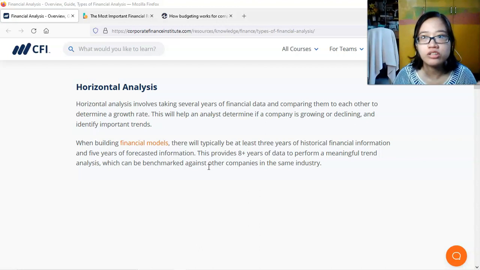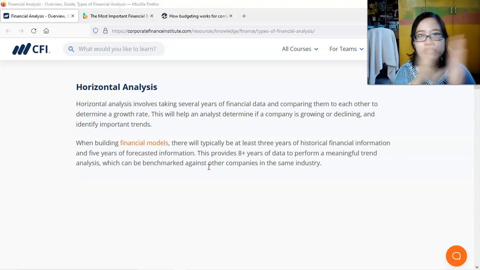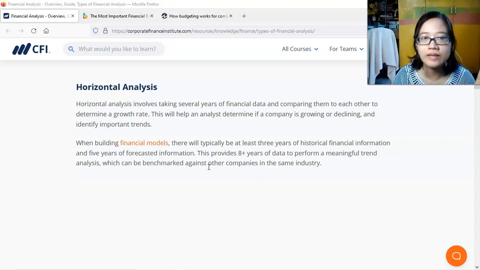Kaya siya tinawag na horizontal kasi pag ganun, you have your year, tapos same items. Let's say, revenue yan. O revenue nitong 2016, compare mo sa revenue ng 2017, tapos compare mo sa revenue ng 2018. Okay. So, dito, normally, yung growth ang tinitingnan. Gano siya, either lumaki ba siya over the years, how much is the growth, or kung lumiliit naman siya.